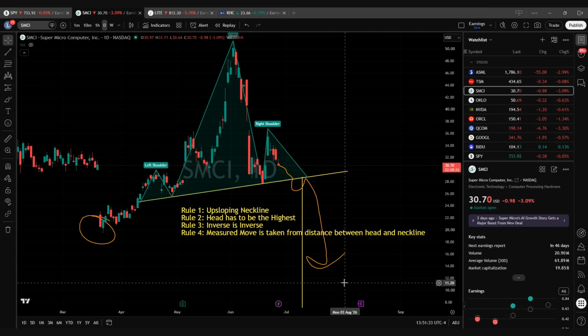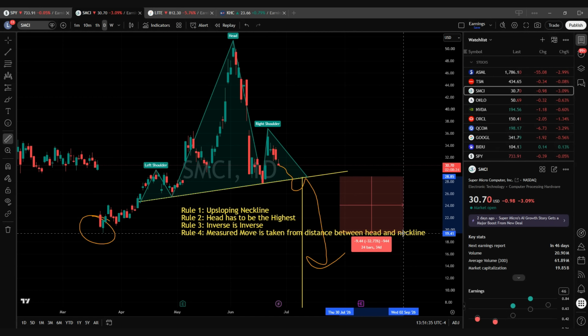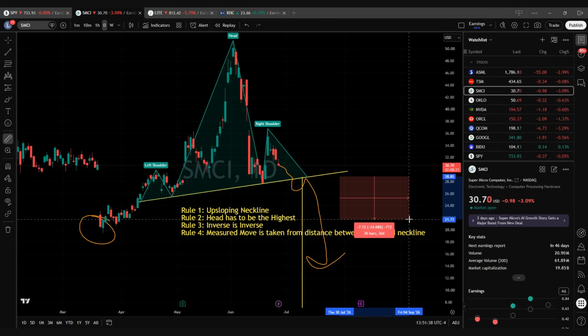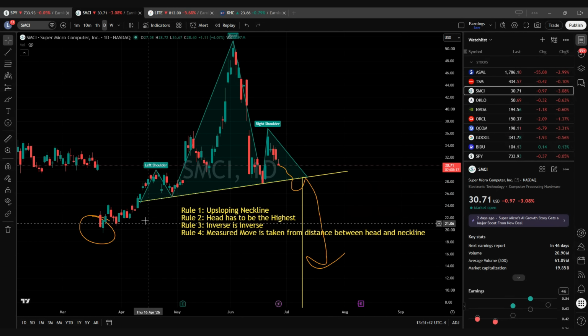The way I'd probably play this is if I got in on a break, I would say, okay, I think this could easily get to 22 bucks, but if it got further than that, I would put a trailing stop just to lock in some gains. But this is a play that I really like coming into next week.